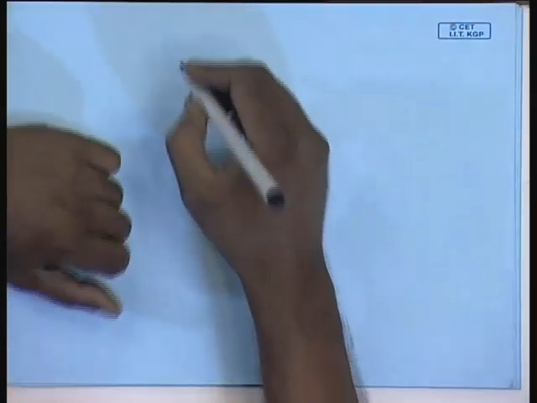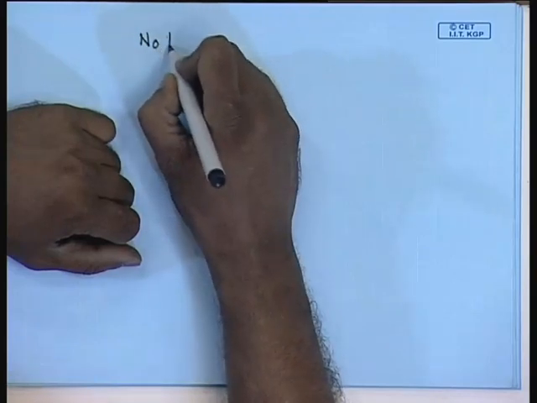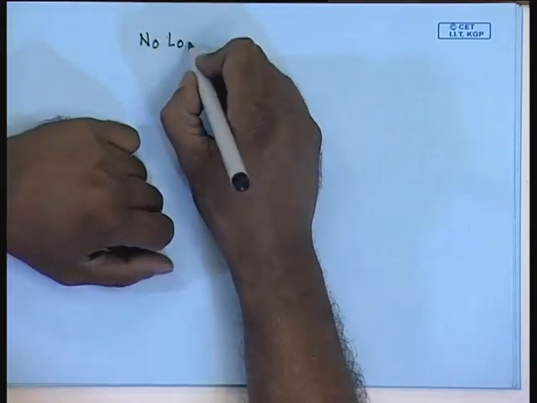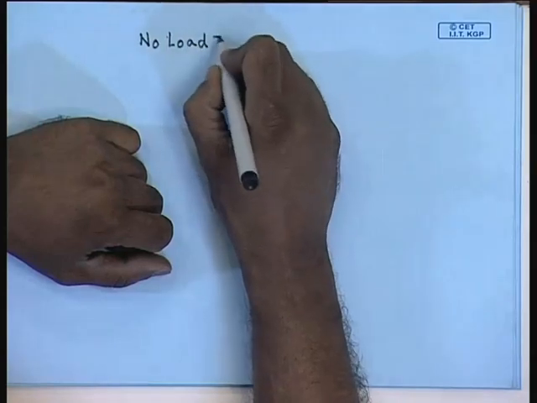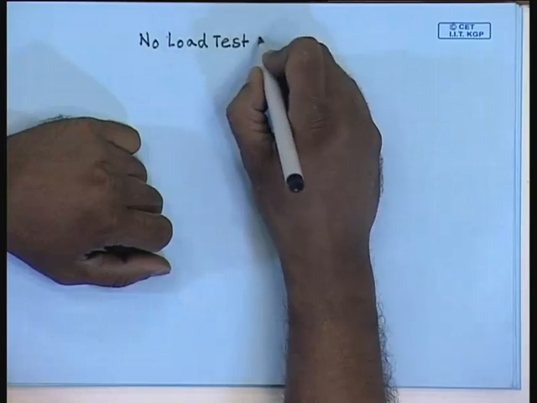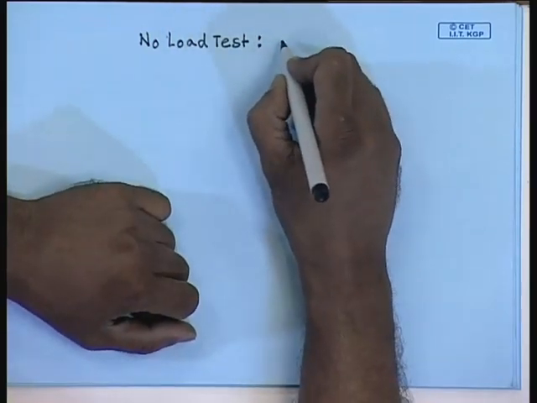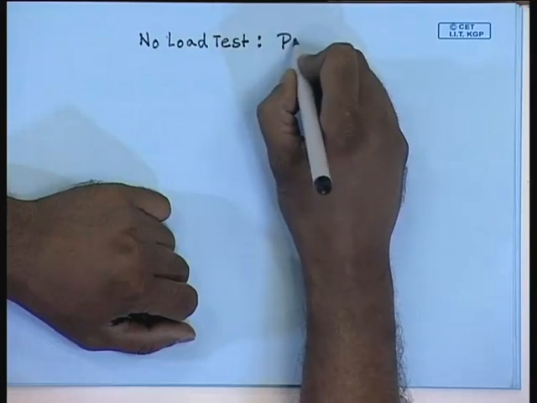So, let us say from the no load test data, we get the wattmeter reading to be Pi.